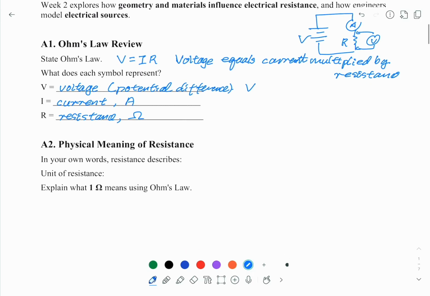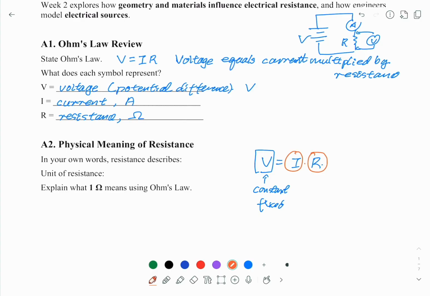From here, you can ask, what is the physical meaning of resistance? If you look at V equal to IR, if V is a constant or fixed, then the current and resistance are inversely related.